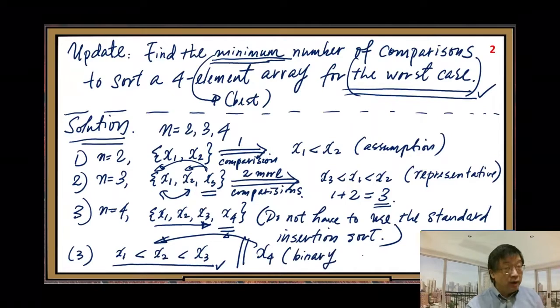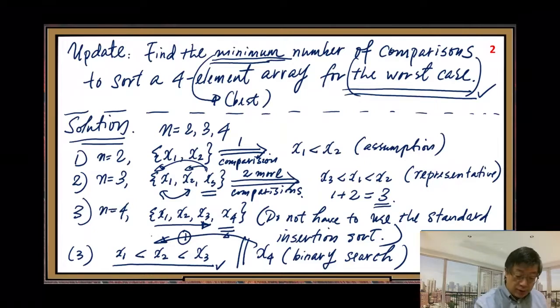I believe you know a little bit about binary search. Later we will study more about it, but here we need some basic idea. In binary search, you always compare the element in the middle. That is your first new comparison. After that, based on greater than x2 or less than x2, you have 2 possibilities. One, the second comparison is with x1, because x4 is less than x2.